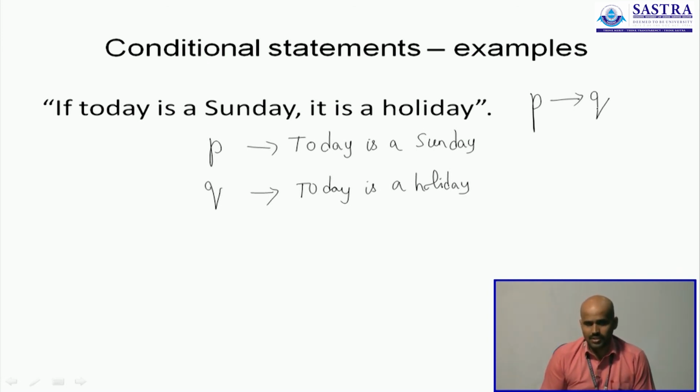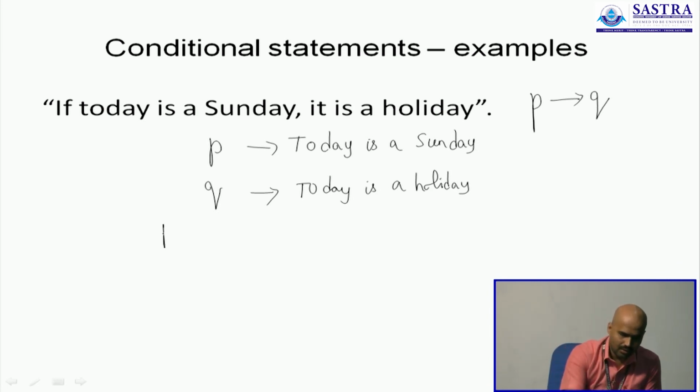If the sentence that claims that today is a Sunday is a true statement, then so is a statement which claims that today is a holiday. Now this is the most frequently given example for a conditional statement. How does it work? Let's try and understand using the truth table for this conditional statement. Let's have P, Q and the conditional.